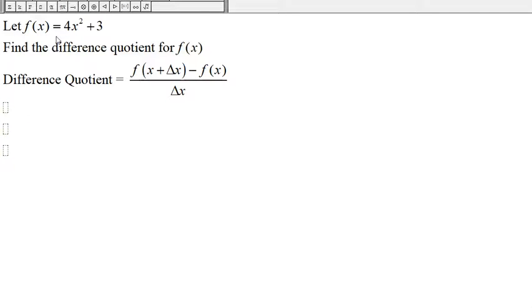Here we have the function f of x equal to 4x squared plus 3, and we want to find the difference quotient. And again, the difference quotient is defined as f of x plus delta x minus f of x divided by delta x, where delta x is representing a small number.